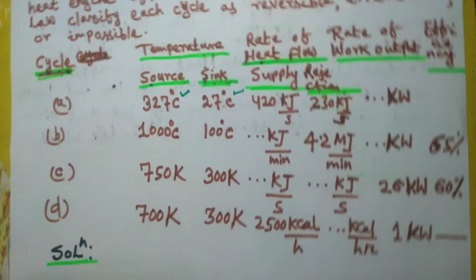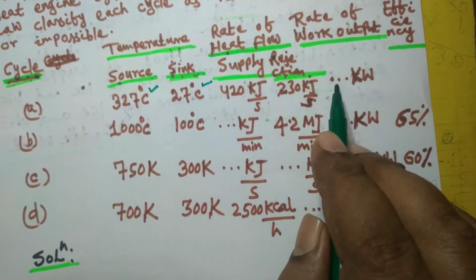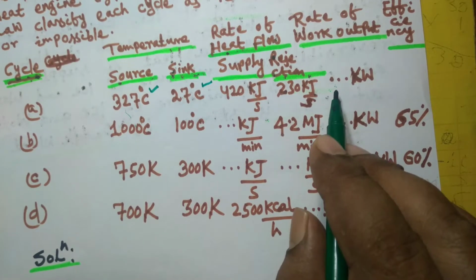So first thing, we have to fill in the blanks. So we have to find out the rate of work output.